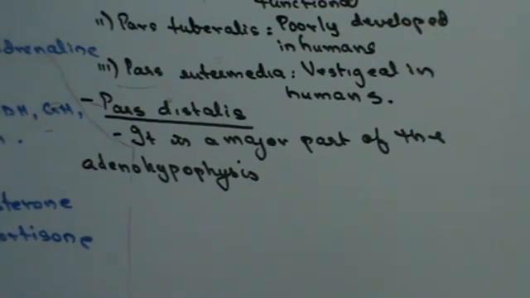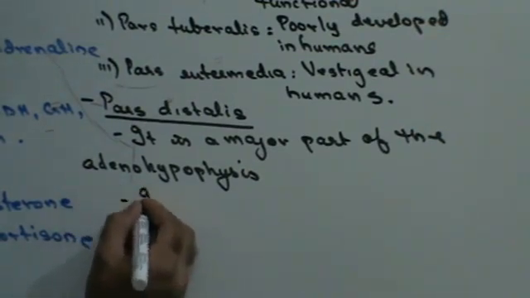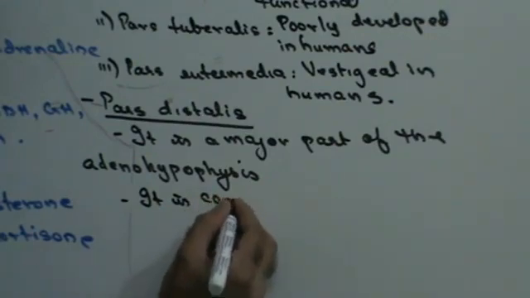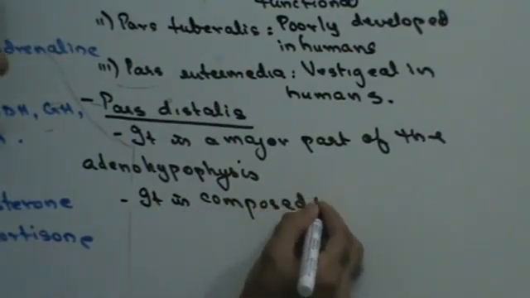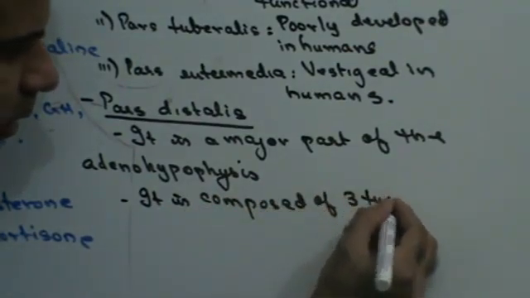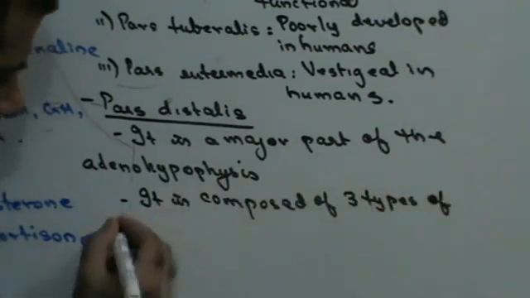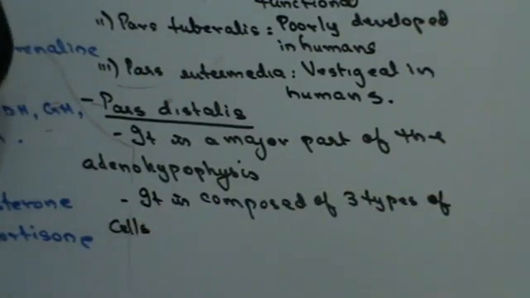It is composed of three types of cells. They are called the acidophils, basophils, and the chromophobes.